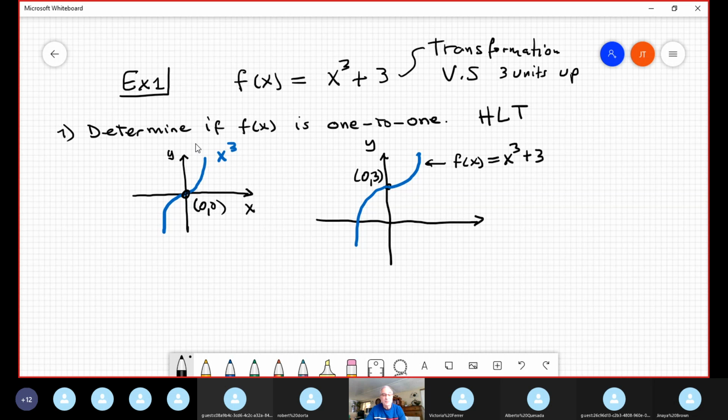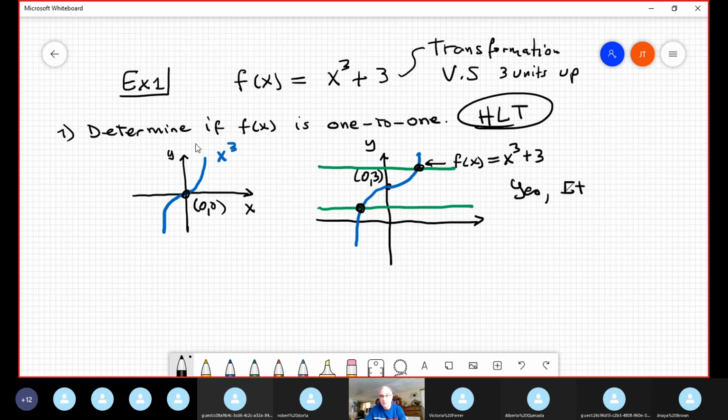And when you apply the horizontal line test, a hypothetical horizontal line crosses the curve in only one point. Now the super conclusion is yes. It is a one-to-one function, professor.